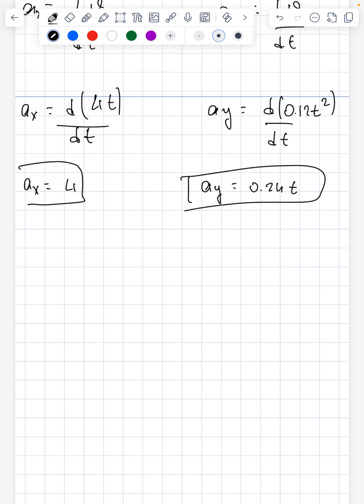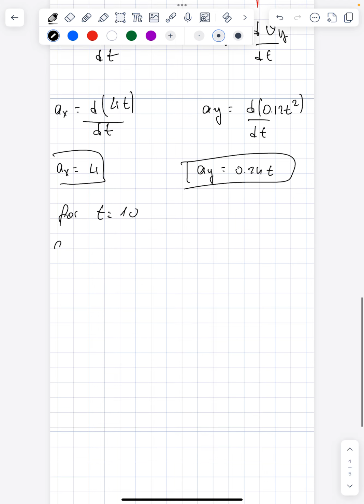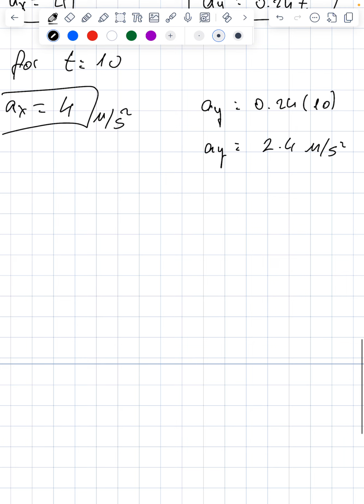So when I write t equals 10, ax is still 4. It's constant and does not change depending on time. ay is 0.24 times 10, so ay is 2.4 meters per second squared, and ax is also meters per second squared. I'm going to find the magnitude.